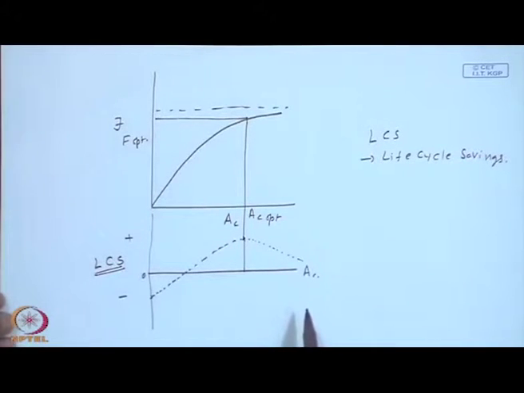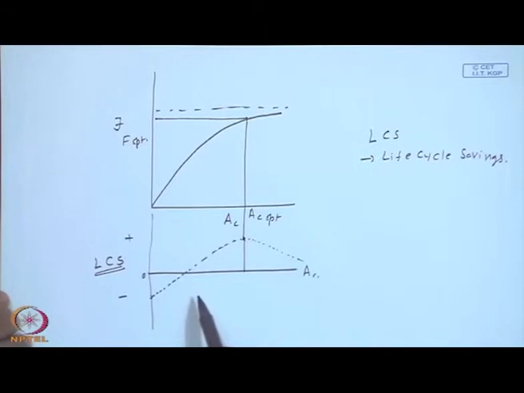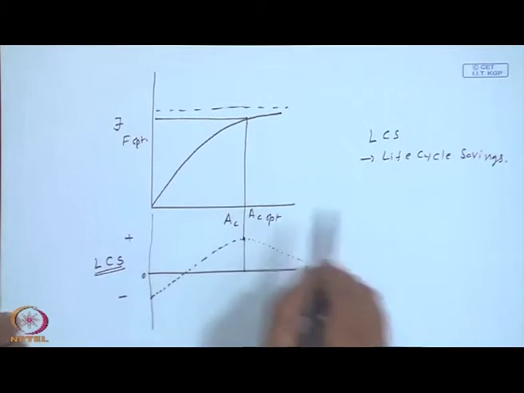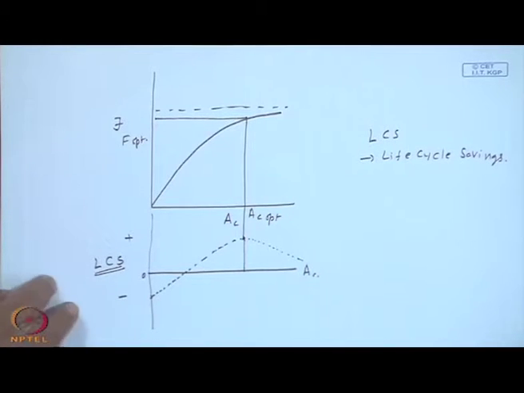So, you combine the solar load fraction curve versus AC with the life cycle savings or any other economic curve, and you pick up where you are going to have the maximum savings. The idea is not to replace an existing system, but use a solar energy system such that my returns are the maximum.